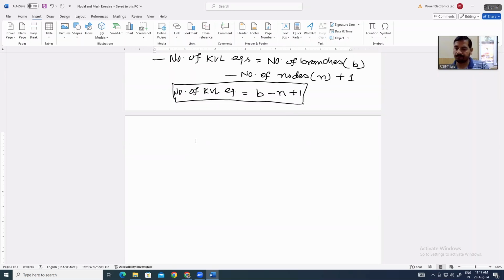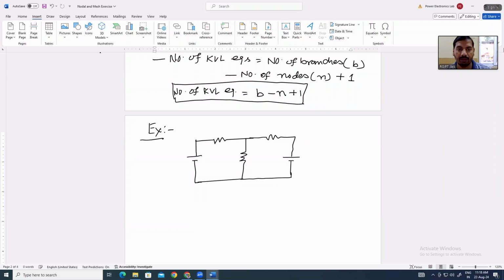So as an example, we will take a simple circuit where we will take a voltage source, some resistances, and in fact we have taken two sources, plus minus, plus minus.